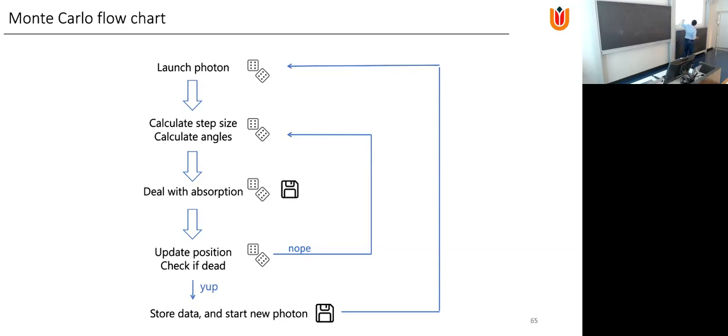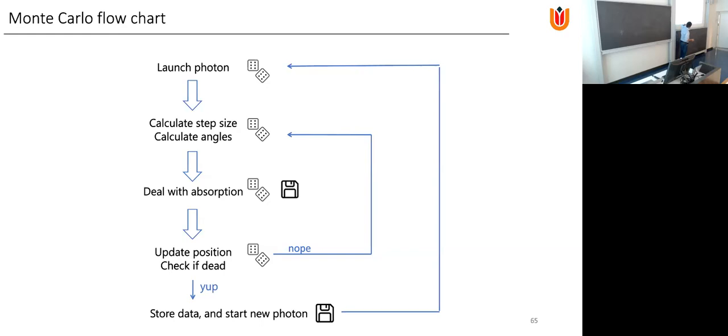If it's not absorbed, I can update the position based on the step length and based on the angles, and then repeat, stepping that photon through the tissue until it's dead. That means it could either be absorbed or it could be detected.